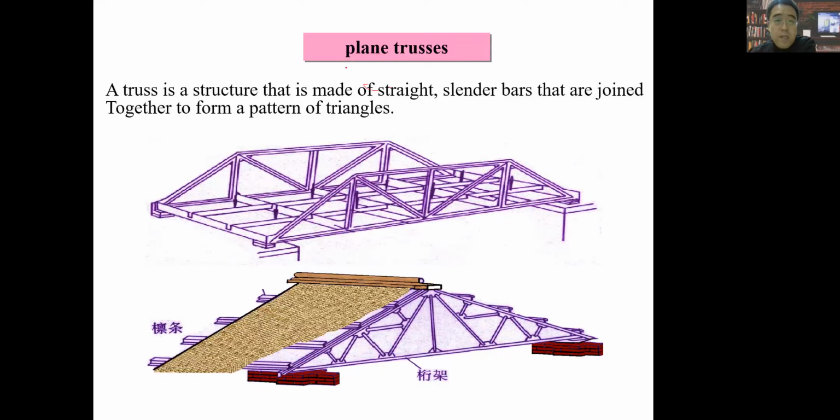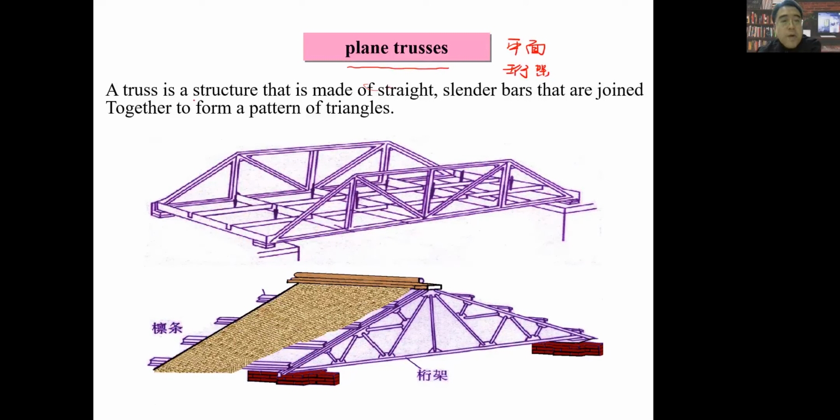Okay, here you go. You can see I am drawing a line here. So actually plane trusses, we Chinese call that plane means 平面, and trusses we call that 桁架. It's a kind of structure, just like these two pictures.